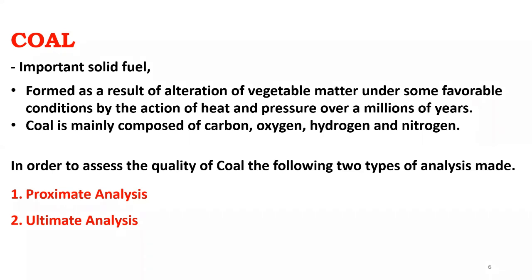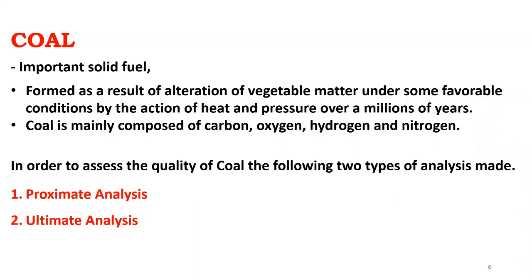If you take any coal with a high percentage of carbon, say 90% or 95%, that is a very pure coal, a very good coal, meaning impurities are very less.